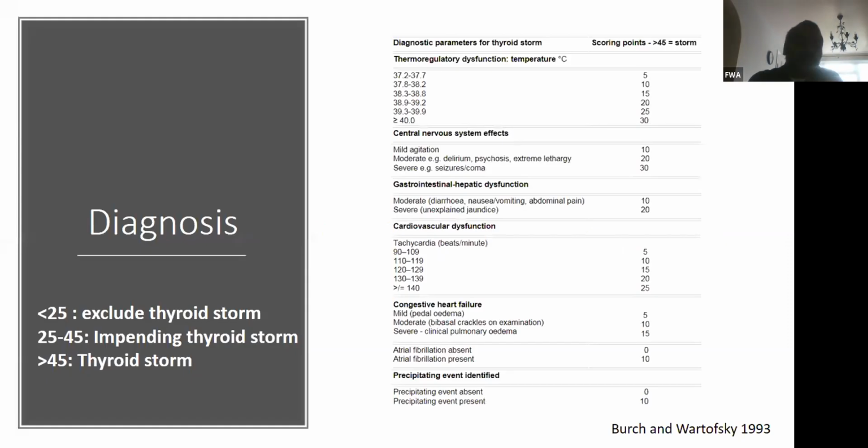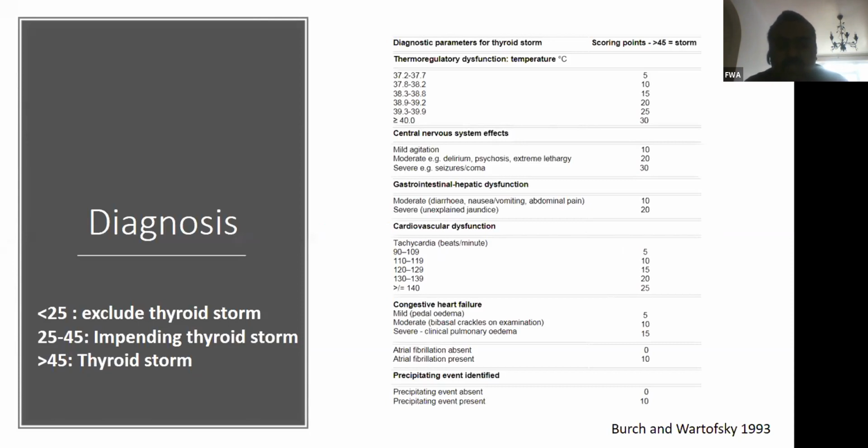Thyroid storm is diagnosed by using the Burch-Wartofsky criteria, which is the BWPS score. It's very rarely used. Basically, we look at temperature, central nervous system effects, gastrointestinal dysfunction, cardiovascular dysfunction, congestive heart failure or heart arrhythmias like atrial fibrillation, and other precipitating events.